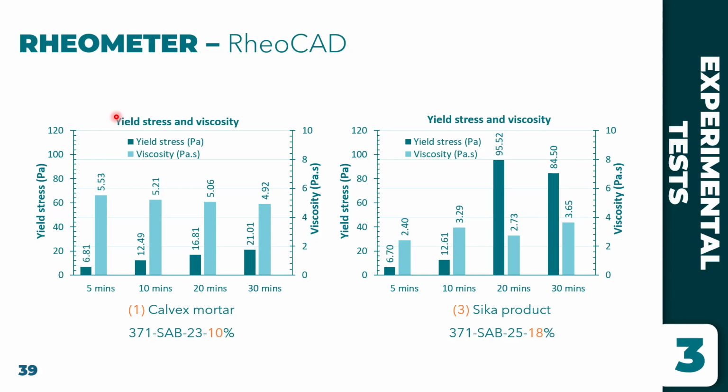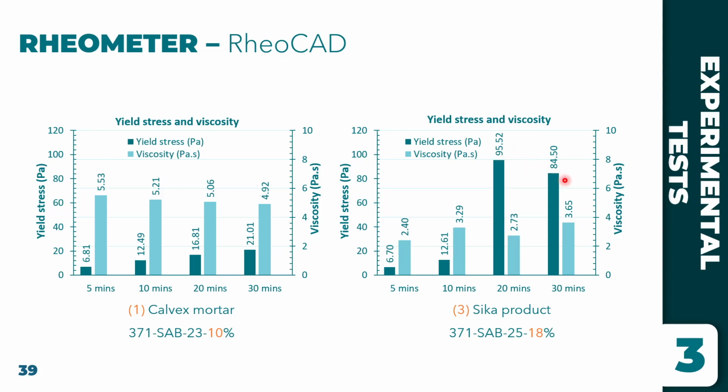With the Sika product at the initial time, the yield strength of this product is quite identical compared to the previous one, but the viscosity is different. Around 2 or 3 compared to 5, there is a big jump. And in terms of yield strength, after 20 and 30 minutes, it changes dramatically.